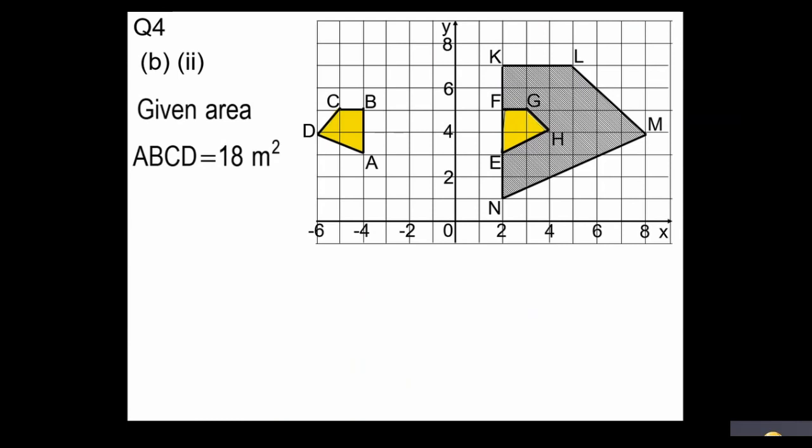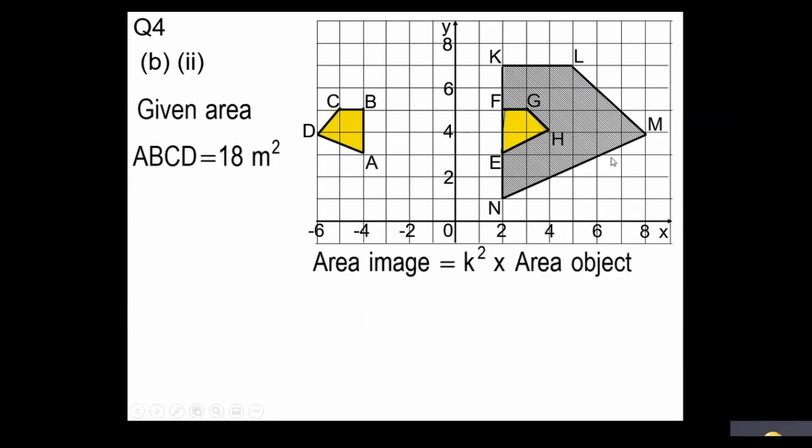Don't look, you try to do it without looking at the answer and see whether you can do or not. Here given area ABCD, this one 18. This one and this one, the two yellow shapes will have the same area, right? If this one 18, this one also 18.